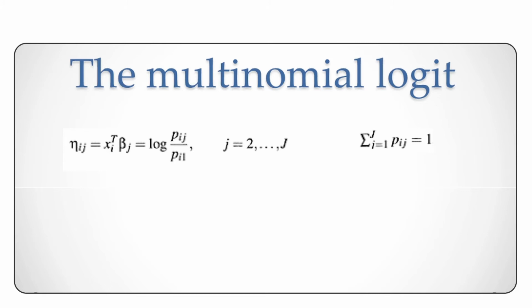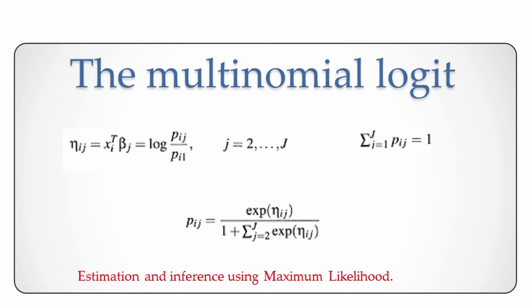Obviously, we have summation j equal to 1 to capital J, pij equal to 1. The multinomial logit model assumes that pij is equal to e to the power eta ij by 1 plus summation j equal to 2 to capital J e to the power eta ij.